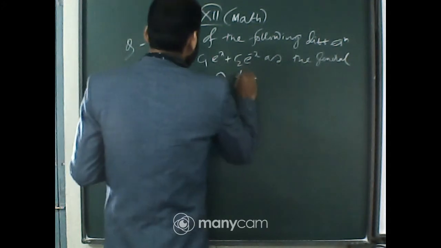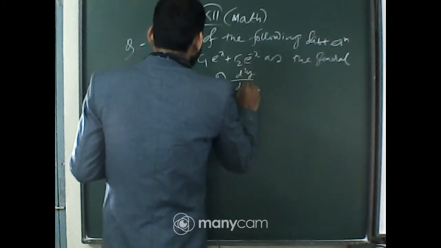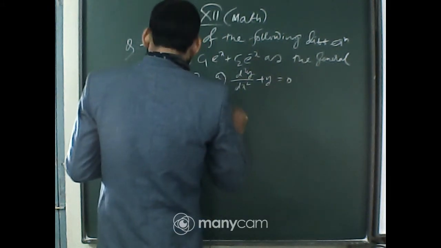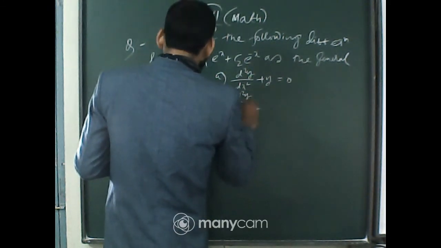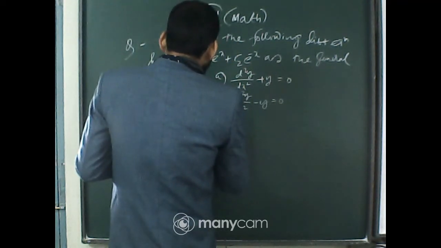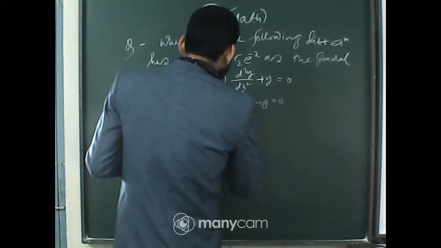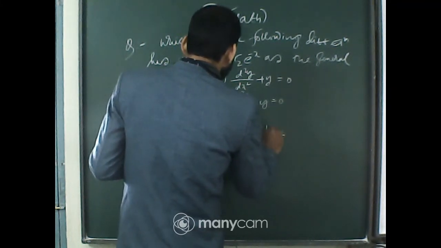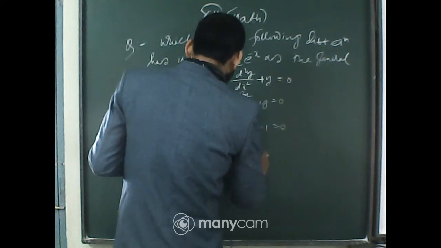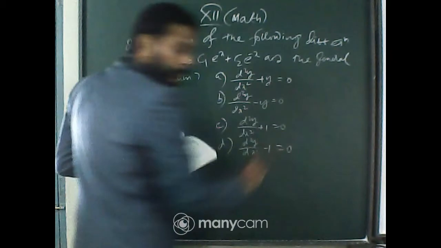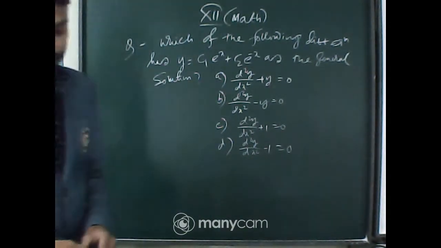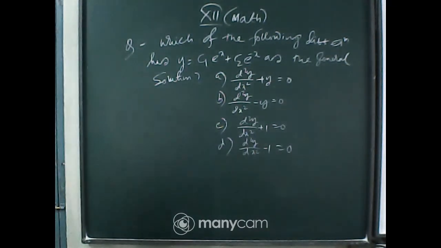The options are: option A, d2y/dx2 plus y equals 0. Option B, d2y/dx2 minus y equals 0. Option C, d2y/dx2 plus 1 equals 0. And option D, d2y/dx2 minus 1 equals 0. Which one is correct? Tell me.